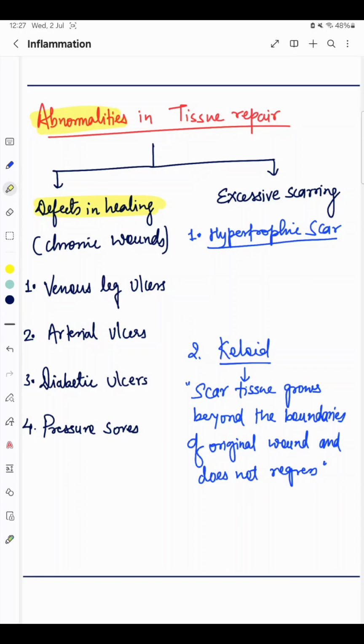On the other hand, excessive scarring will result in hypertrophic scar or keloid formation. In a hypertrophic scar, the scar is within the boundaries of the original wound, but in a keloid, scar tissue grows beyond the boundaries of the original wound and it usually does not regress.